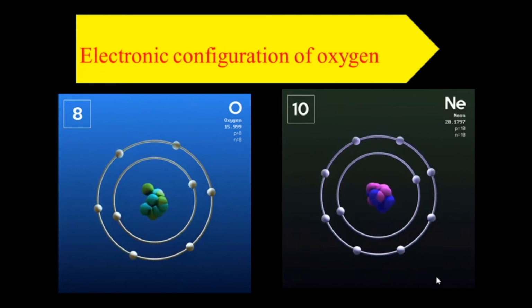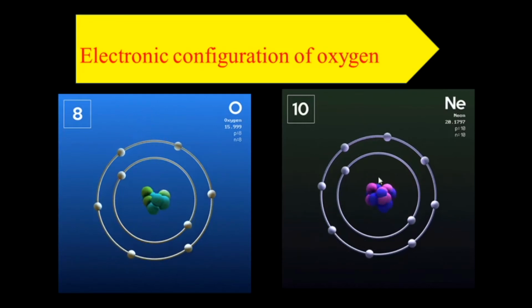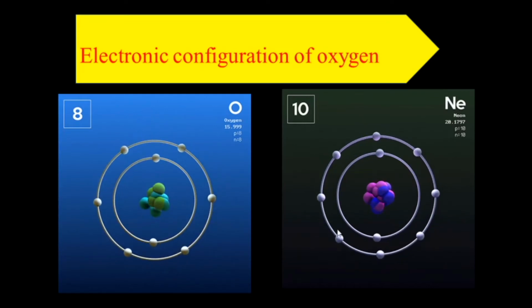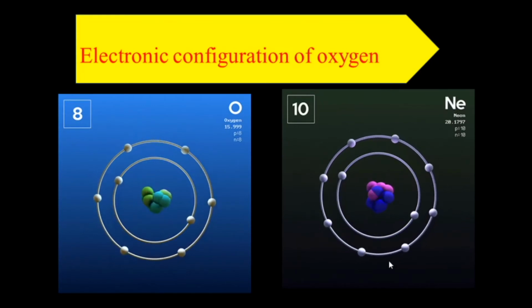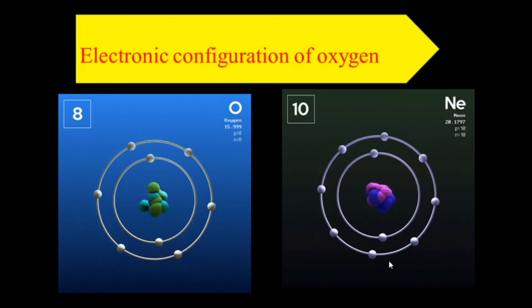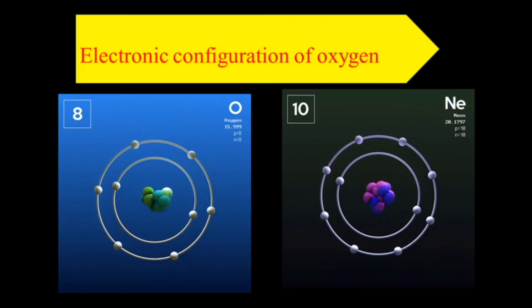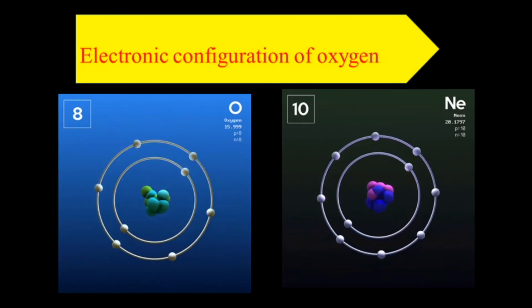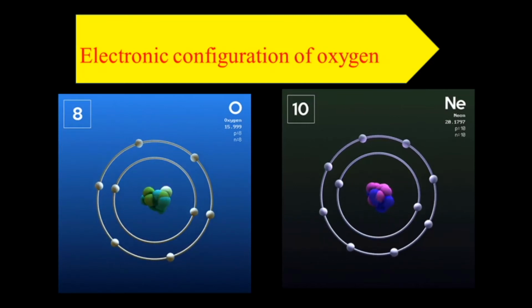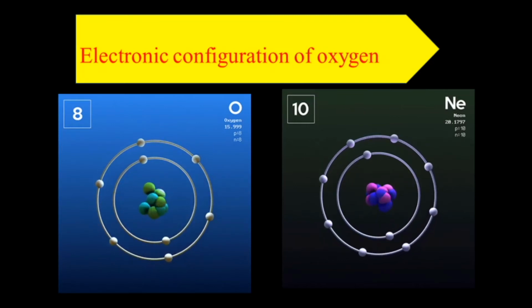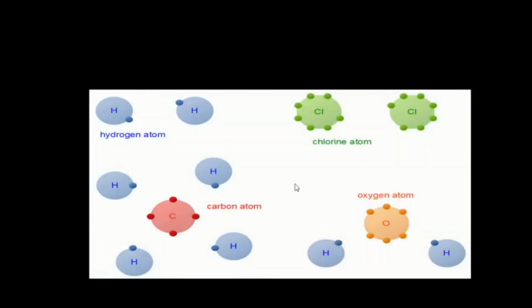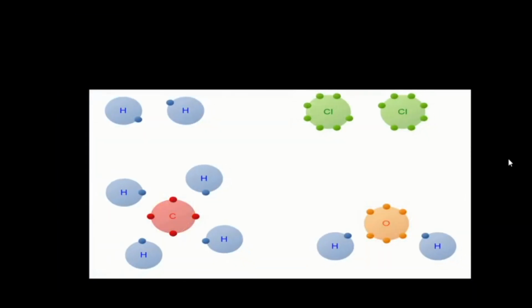Take the inert gas neon, which has atomic number 10. Its outermost shell has 8 electrons. Elements undergo reaction only to attain the octet configuration, or stable electronic configuration. For example, look at the atoms of hydrogen and chlorine.